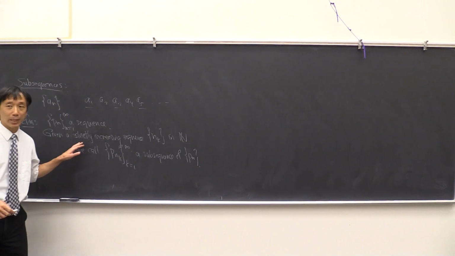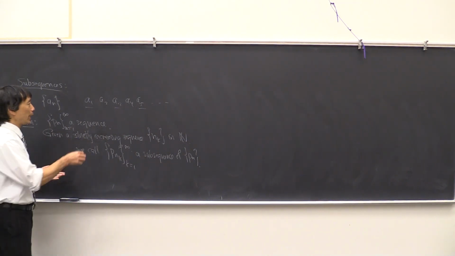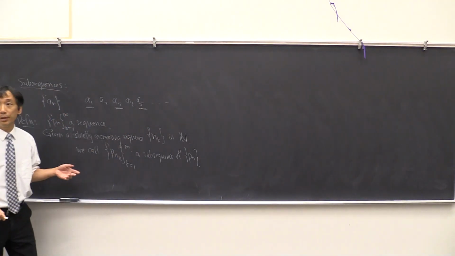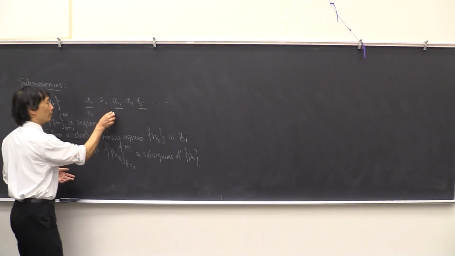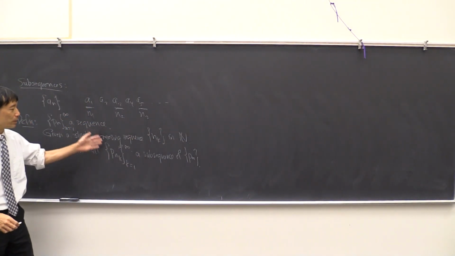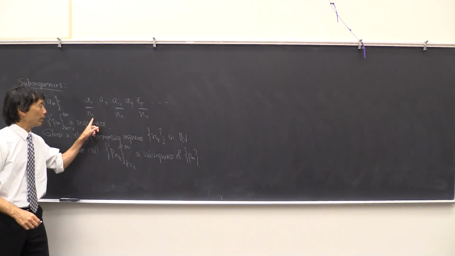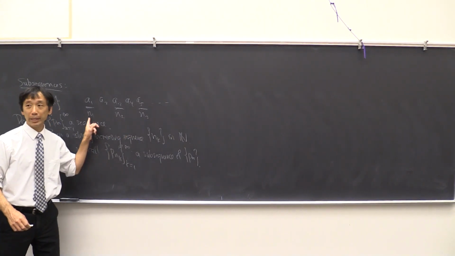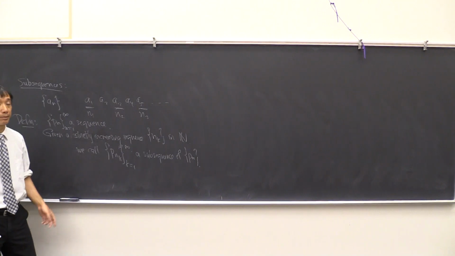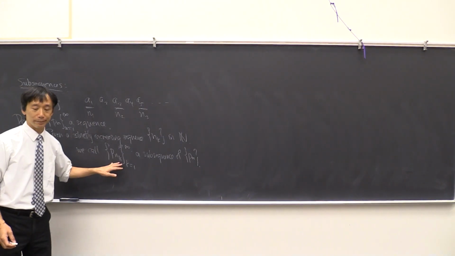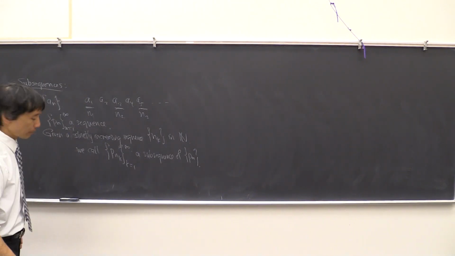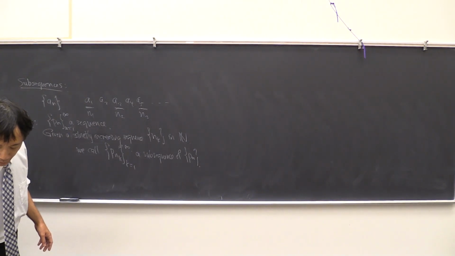I hope that makes sense. The n sub k is simply the selection of indices. This would be your n1, n2, n3, and so on, and then you make this new sequence where the sub-index increases, so P sub n sub k.